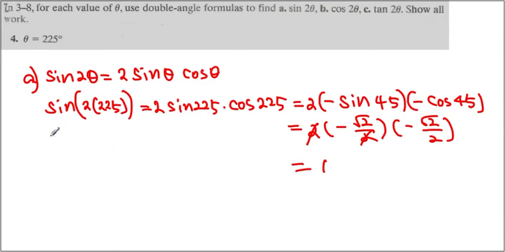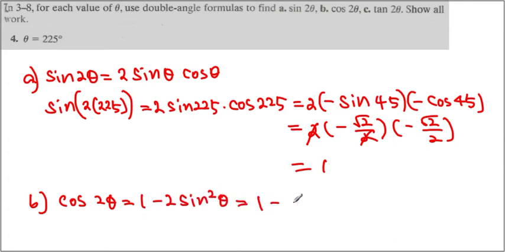Alright, now let's look at the next one. Number B, cosine of 2 theta. Now, one way for us to do it is this. Cosine of 2 theta is, since we already got the values of each one, 1 minus 2 sine squared theta.